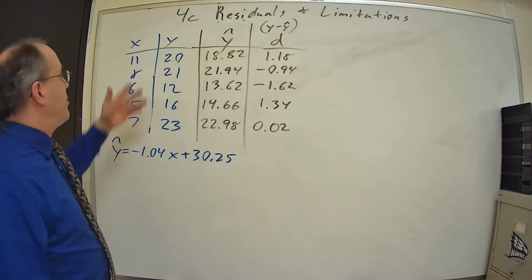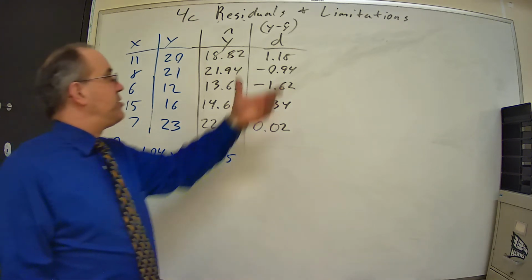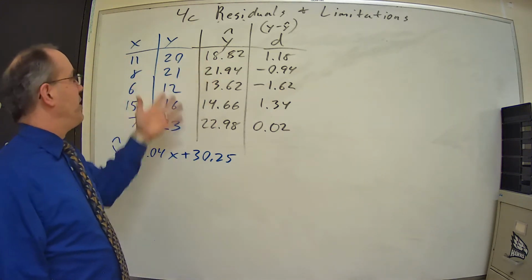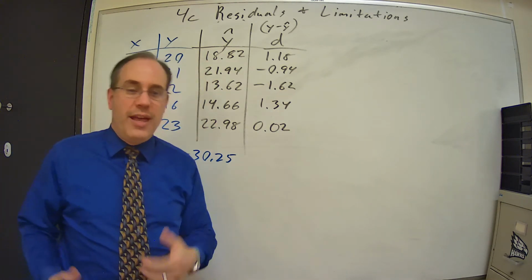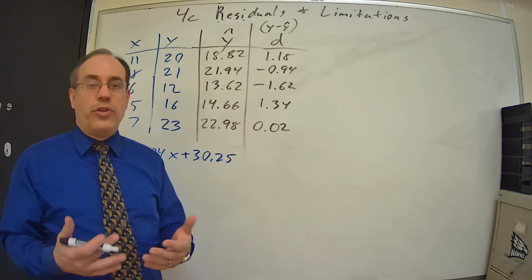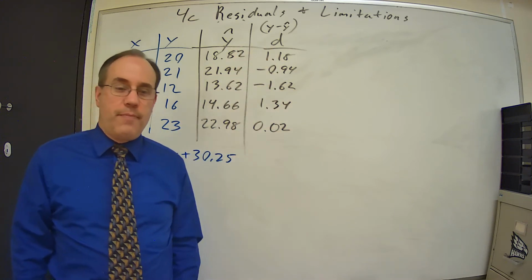If we have a set of data points that have a weak correlation, these residuals will be bigger. It also depends what range we're in, what size of numbers you're dealing with, how big or small. But the correlation coefficient is really what's going to dictate how big or how small those residuals are.